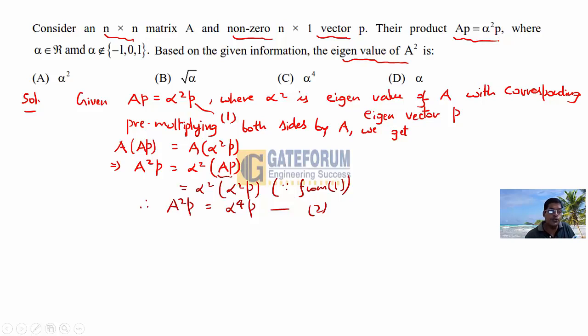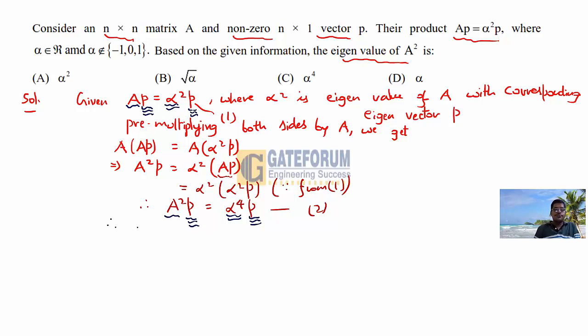Now observe equations 1 and 2, which I am highlighting. Matrix A changes to A square, and eigenvalue alpha square changes to alpha power 4. But the eigenvector never changes. The matrix changes accordingly, and the eigenvalue changes.